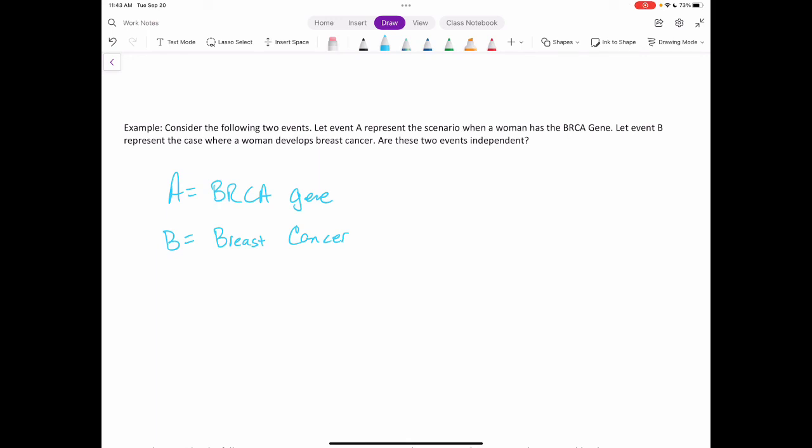Well, research has shown that a woman that has this BRCA gene has a higher likelihood of later developing breast cancer. So because that is affecting those two events, right? Because if I have A, then I have a higher probability of developing B, breast cancer, we say that these two events are not independent. These events are dependent. And it's kind of in the name, right? Because the likelihood that I get breast cancer depends on whether I have this BRCA gene or not.